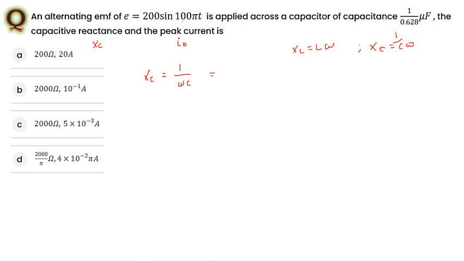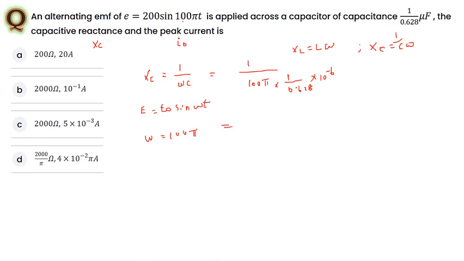We have E is equal to E naught sin omega t. From this, omega is equal to 100 pi. Right. Now substitute: 1 divided by omega, which is 100 pi, and the C value they have given, that is 1 divided by 0.628 into 10 power minus 6 farad.